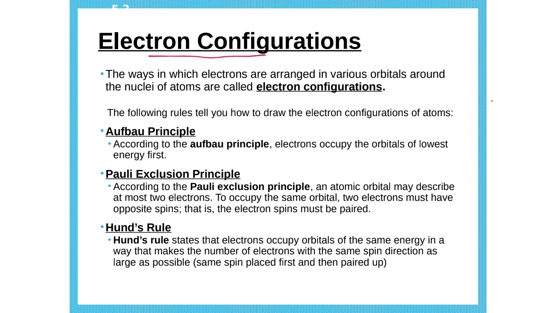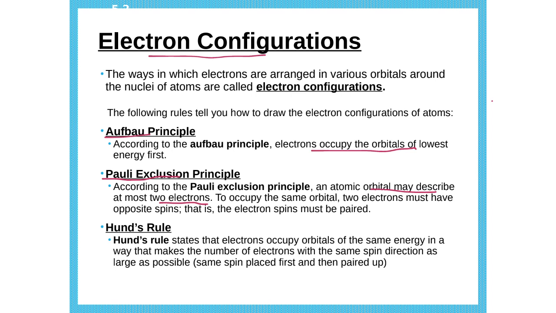And we use a couple of principles. We use something called the Aufbau principle, where we make sure that the electrons occupy orbitals of lowest energy first. This is similar to a Bohr-Rutherford diagram. There's also a principle called the Pauli exclusion principle, which says that an atomic orbital may describe at most 2 electrons.